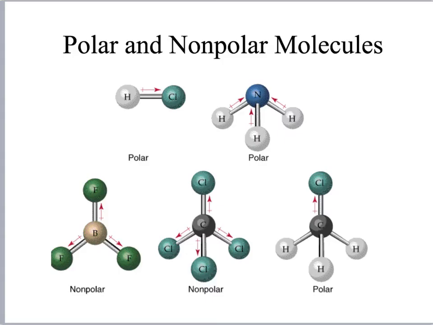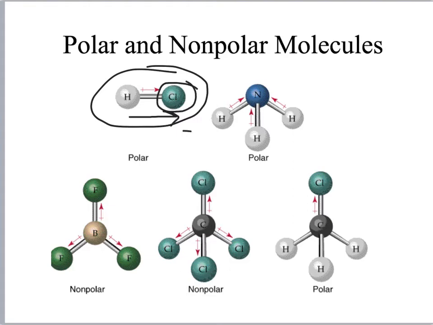Nonpolar and polar molecules just means whether there's an equal or unequal sharing of electrons. Take hydrochloric acid: because chlorine pulls on the electrons more than hydrogen, chlorine becomes more negative and hydrogen becomes more positive.